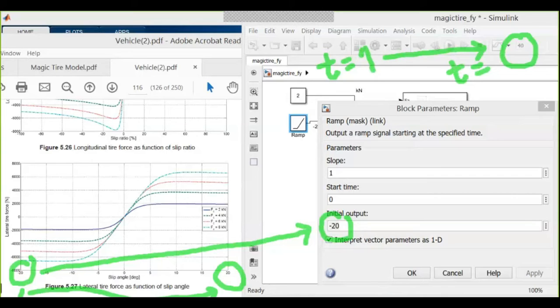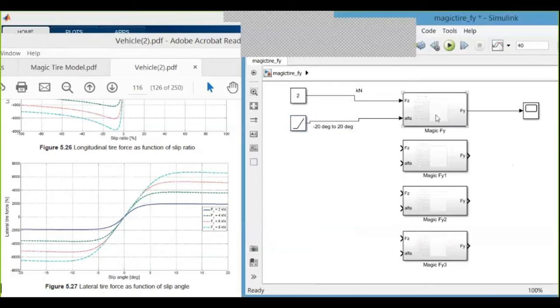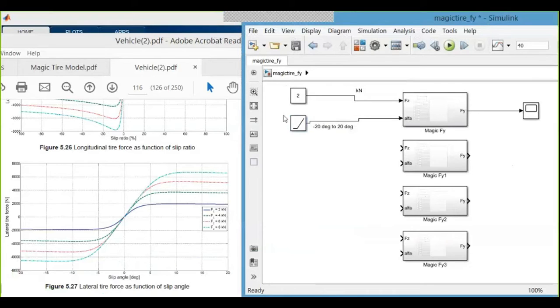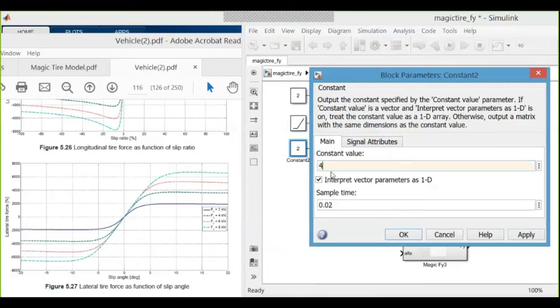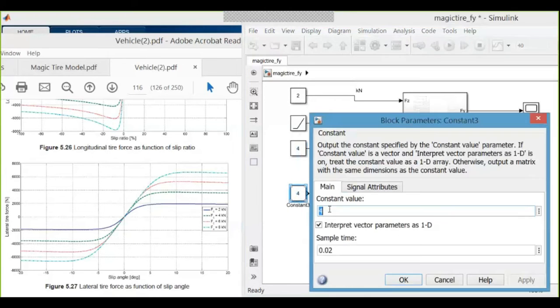The first block is for 2 kilonewton. Next we apply 4 kilonewton, just put number 4. And then the next one is 6 kilonewton, just apply 6.